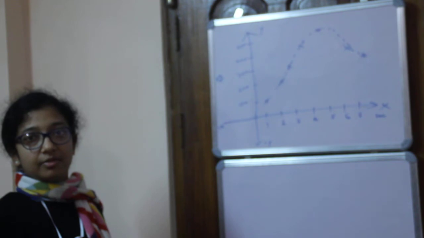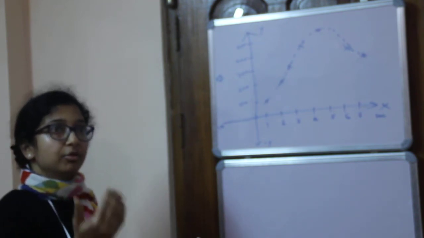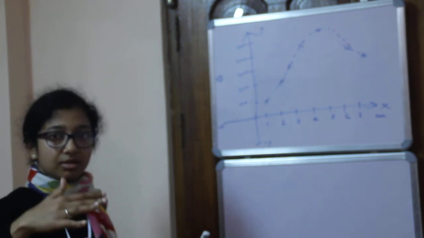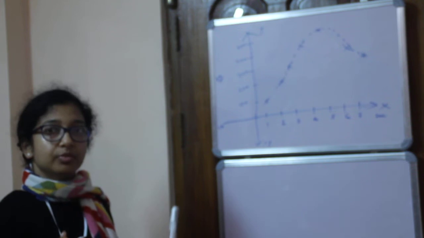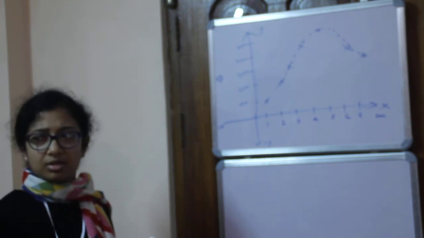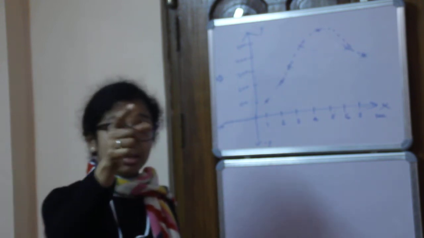What do you think? If I give you a certain number of data points, and you have to tell me that these two parameters are behaving like this, what will be the best way to think? Is my question getting clear? Okay. Yes.